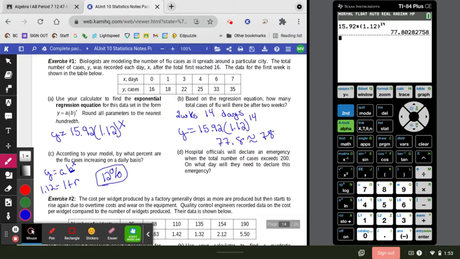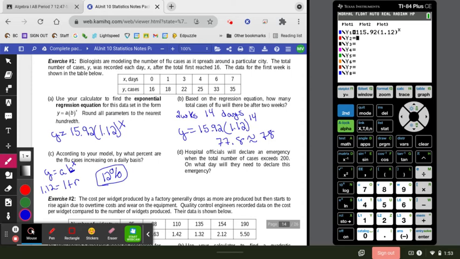Hospital officials will declare an emergency when the total number of cases exceeds 200. On what day will they need to declare this emergency? So the best way to do that is I'm going to go to Y equals, and I'm going to enter 15.92 times 1.12 to the X. And I want to know when it reaches 200.